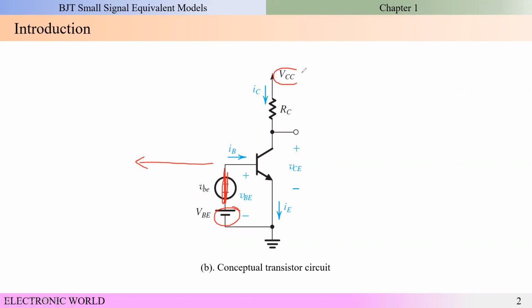This is one bias voltage, and this is the other bias voltage. We short circuit these small signal voltage sources, but keep the bias voltage sources as they are.